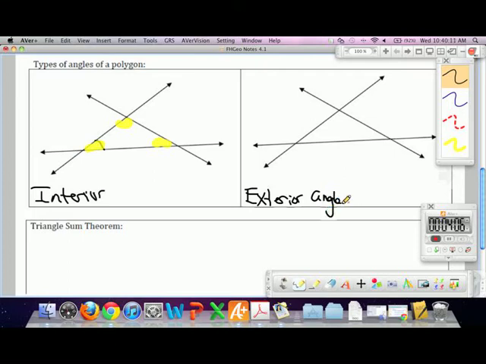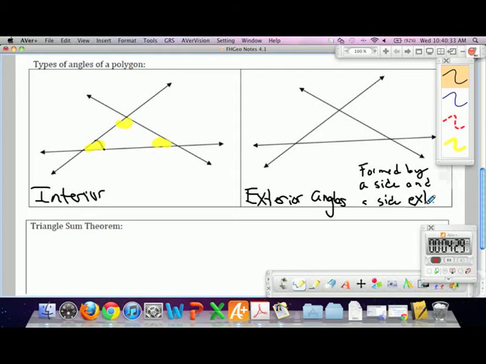Exterior angles are angles formed in this fashion: by a side and a side extended. Exterior angles are angles formed by a side of our figure and another side that's been extended.